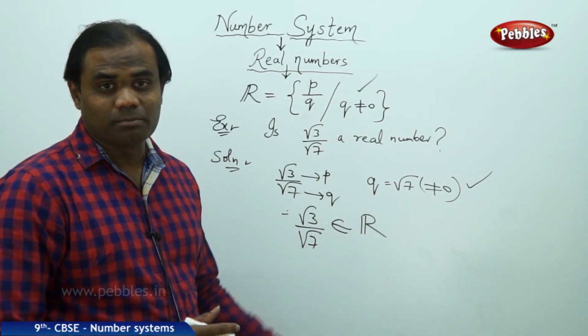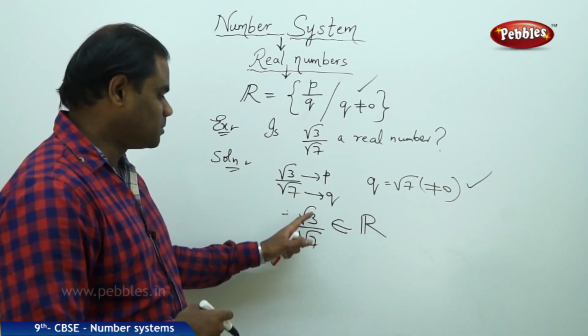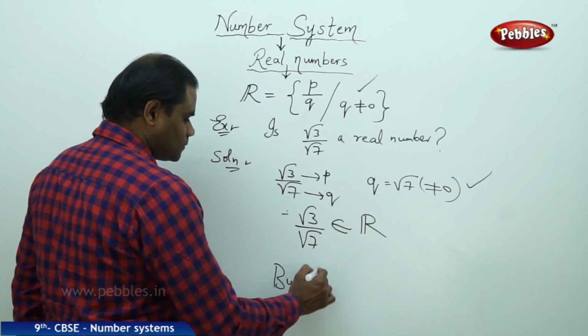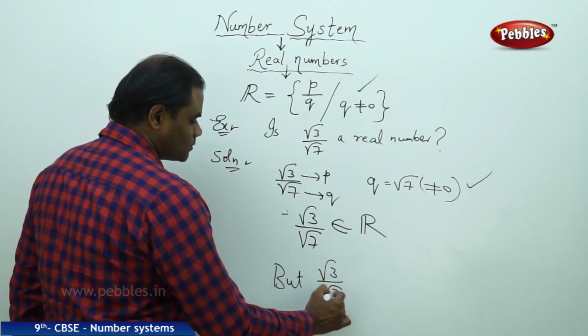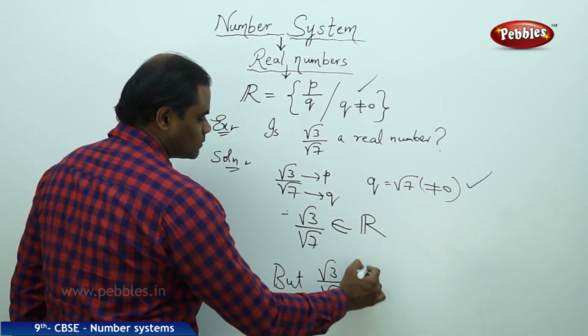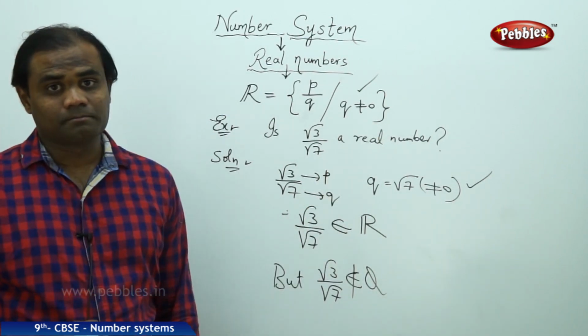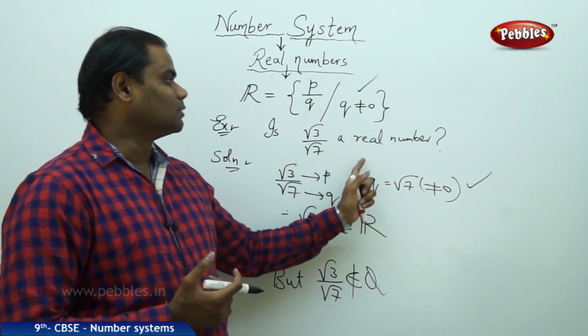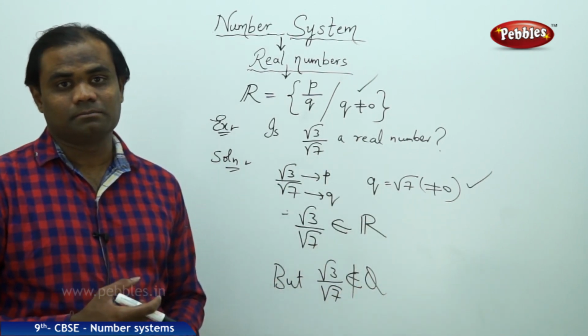But this cannot be a rational number because P and Q are not integers. Root 3 over root 7 is not a rational number, is how we understand the difference between a real number and a rational number.